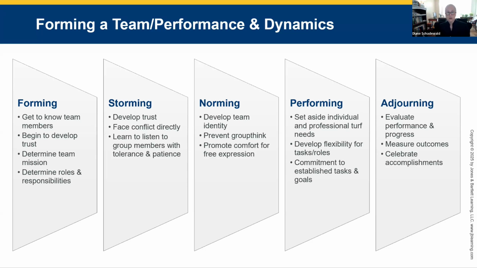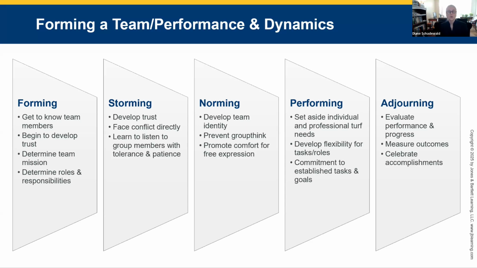Then after you get through those first 3 stages, then you get into the performing stage. And here in this performing stage, you have to be able to set aside individual and professional turf needs. And you want to develop flexibility for tasks and roles. So in the forming, you're determining roles and responsibilities, but that's the roles and responsibilities for the team.